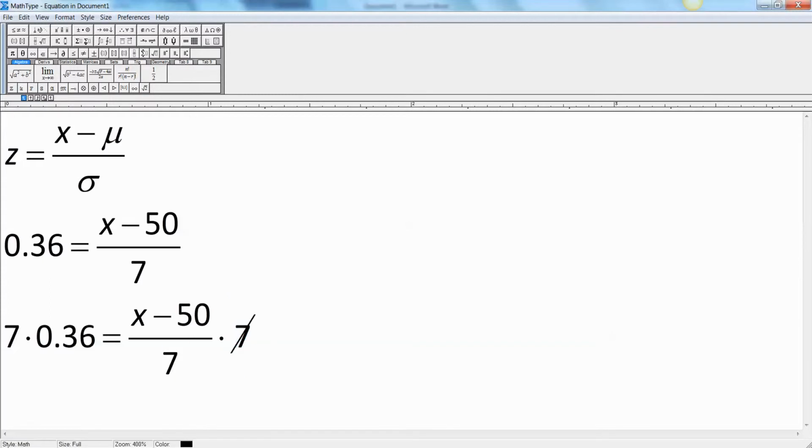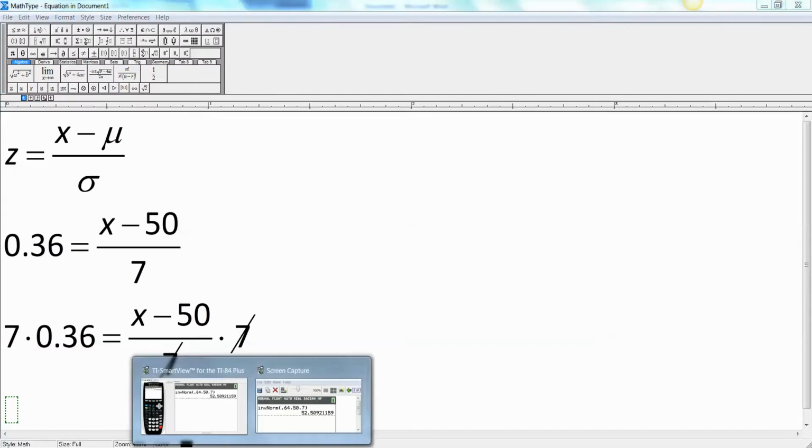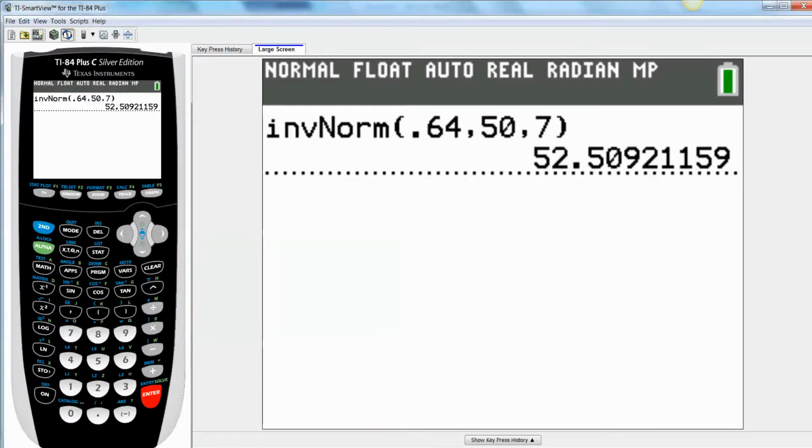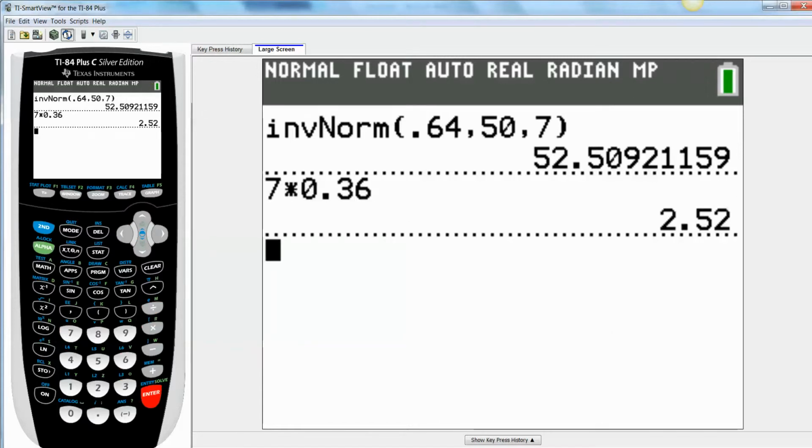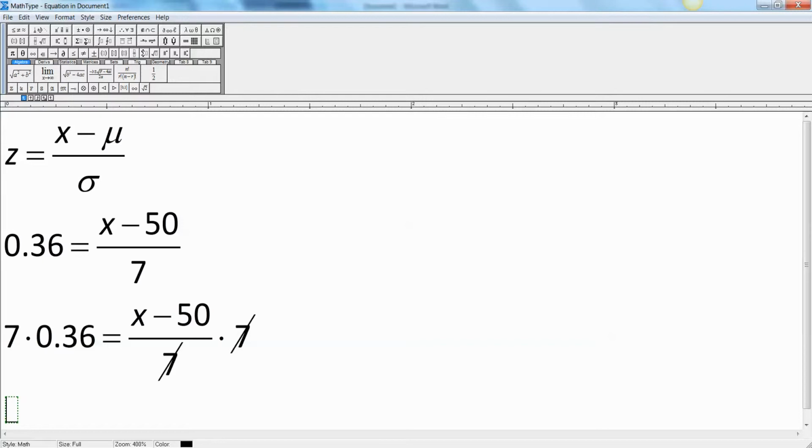Okay, so these are going to go away right here, and you're going to have whatever 7 times 0.36 is here. 7 times 0.36, 2.52. There we go. So you say 2.52 is equal to x minus 50.